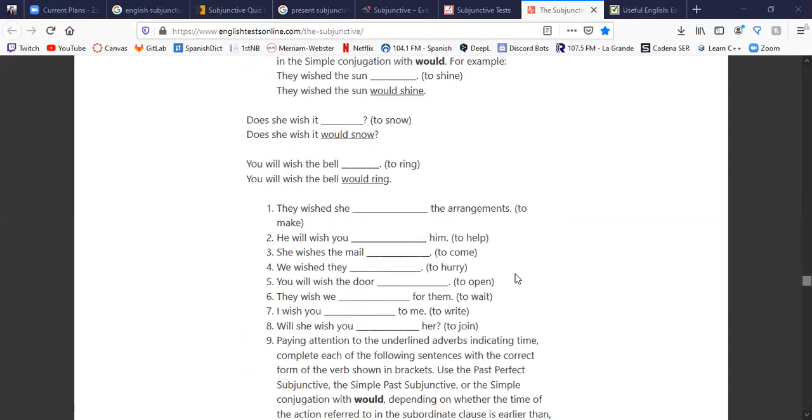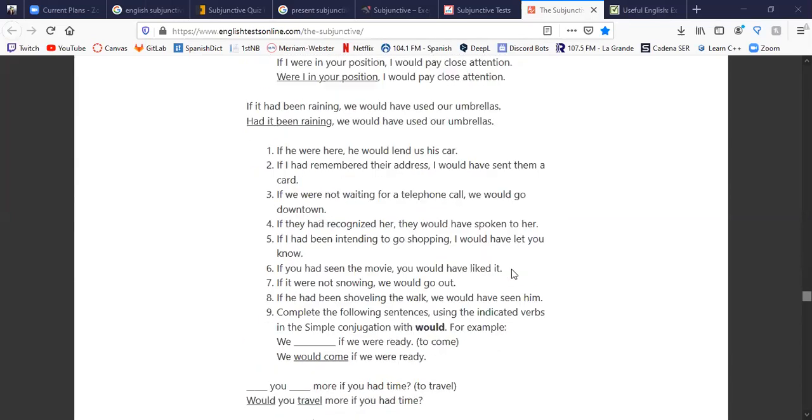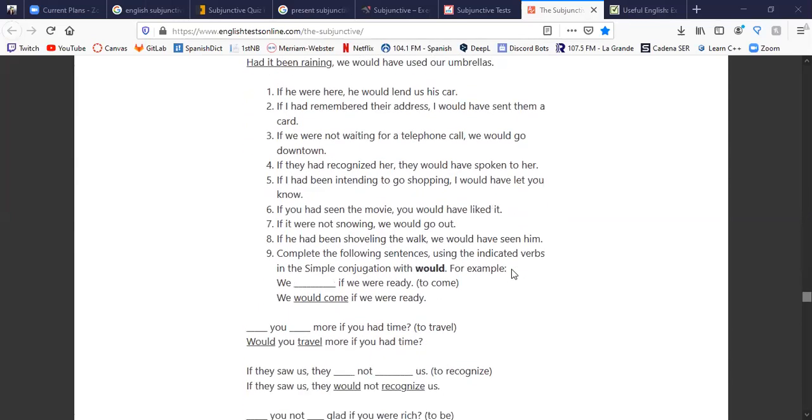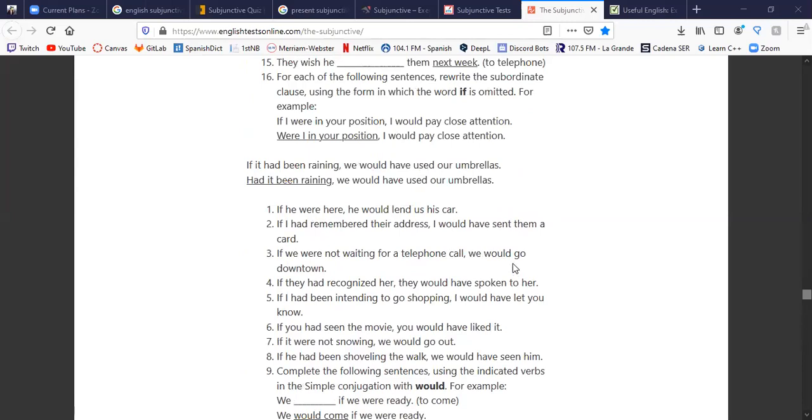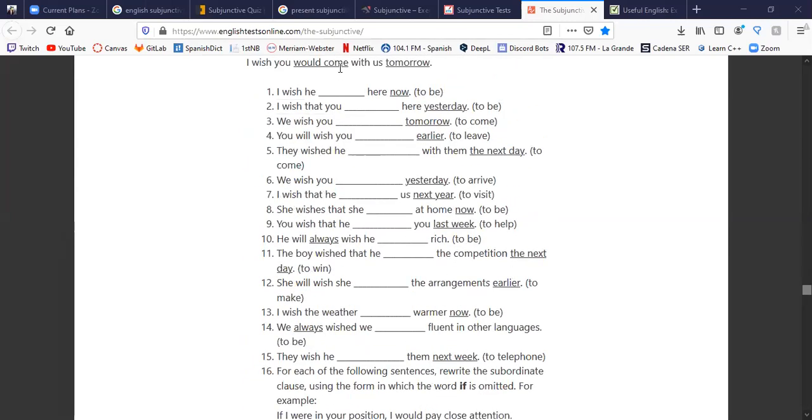Okay, so one last thing I should have mentioned. So was versus were. When it comes to the past simple subjunctive, well, here, let me talk about the past simple indicative first.